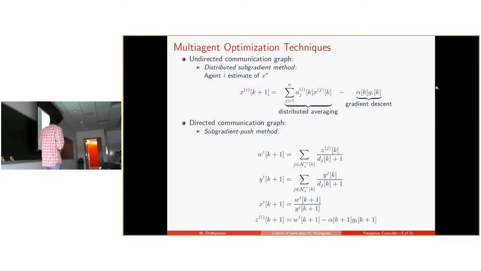To cancel out the bias in averaging, we should use this ratio. Each node needs to maintain the ratio of these two variables to compute x. This is called the subgradient push method. It has a more complicated algorithm for performing the distributed averaging step, and it also has this gradient descent step.